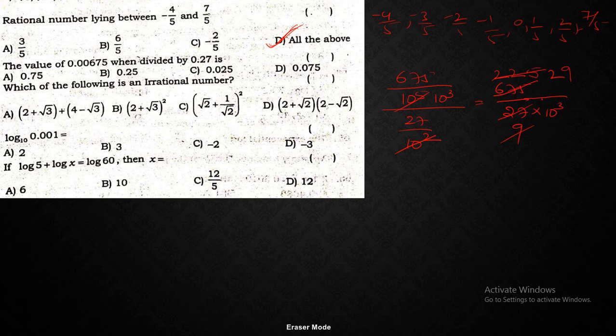So 27 becomes 3, and 675 divided by 27 gives 25. So 25 by 10 cube. I can write 10 cube as 2 cube into 5 cube. In 5 cube, 25 goes 5 times. So what I am going to get is 1 by 40, since 2 cube is 8, and 8 5s are 40.